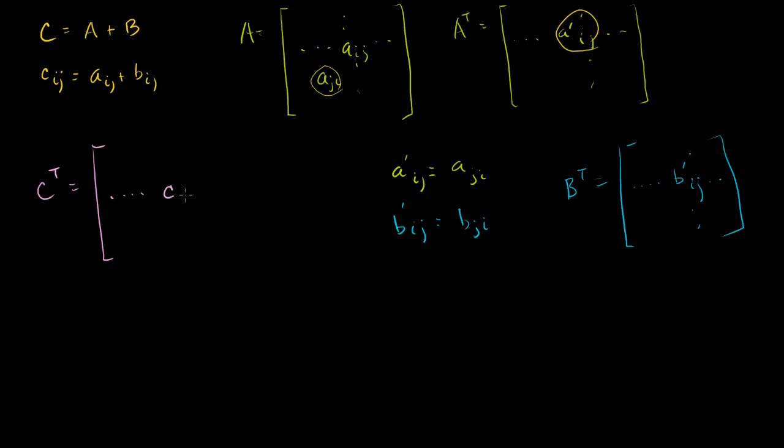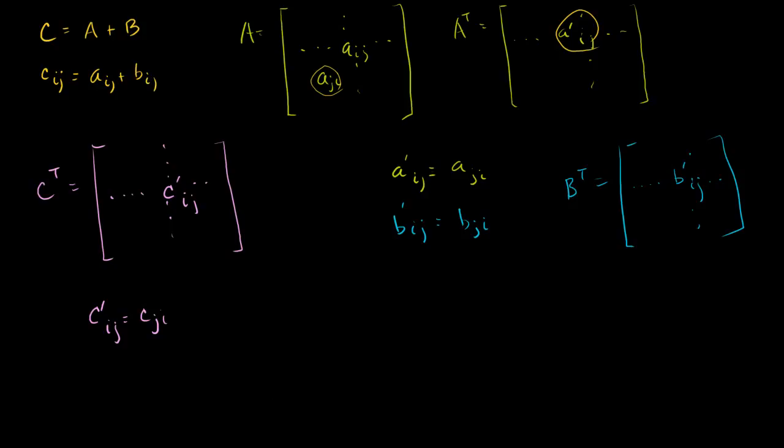So C transpose is just going to be a bunch of entries C prime ij, with a little prime showing that they're entries in the transpose matrix and not in C itself. And we know that C prime ij is equal to Cji. Nothing new at all. We've just expressed the definition of the transpose for these three matrices.